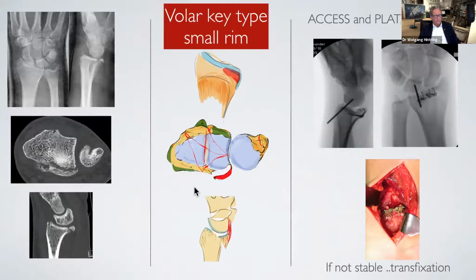Here we have a volar key type with a small rim key type, and a plate for that key type will not work because the plate ends here, and the ligamentous unit is from that volar rim to the carpus. You see already here the dislocation to the volar side, also on the CT scan. And here it's clear you go in from the volar side and fix it with some devices.